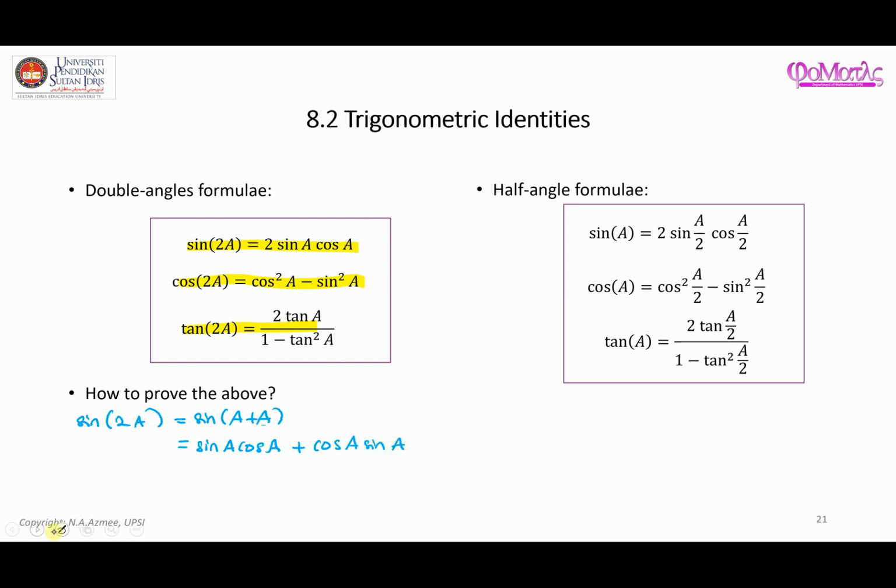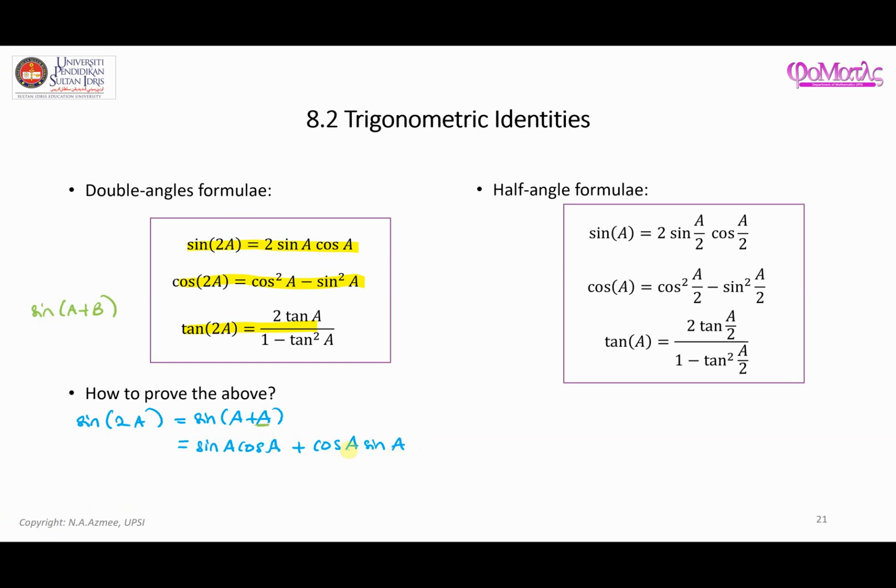Originally, what you have seen in the previous slide is sine A plus B. Now our B is just A, so we're just going to replace B with A over here.